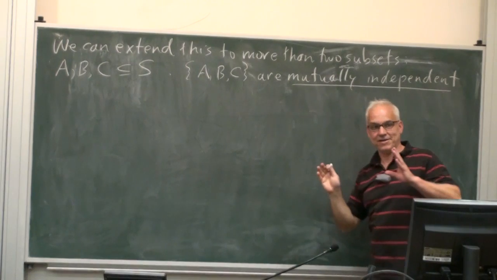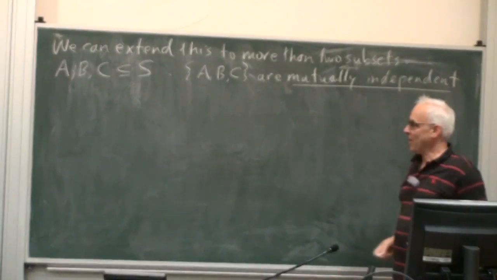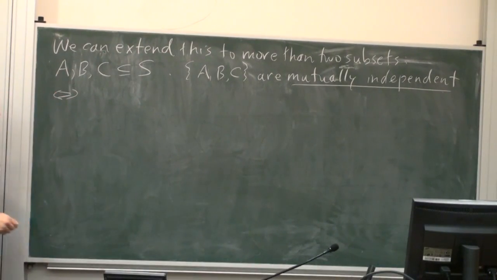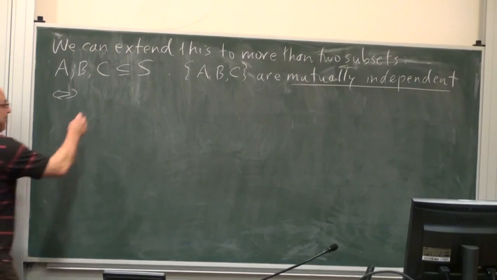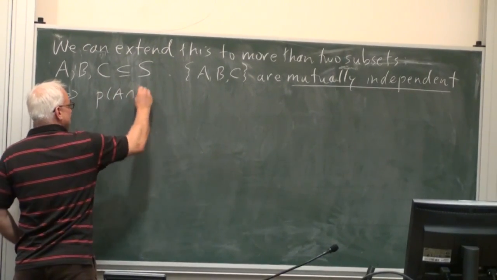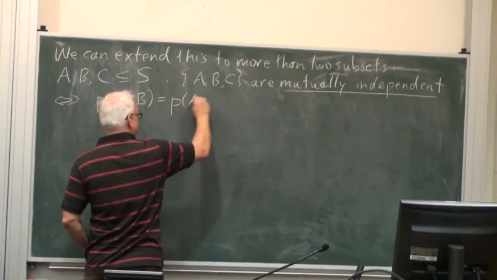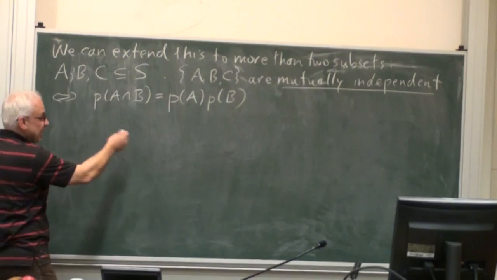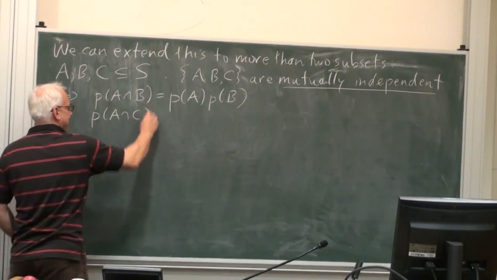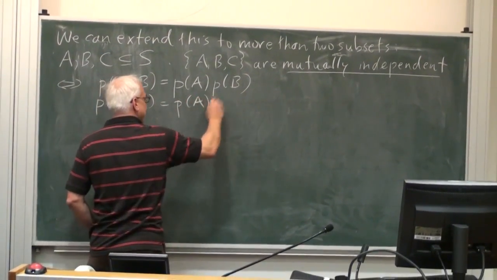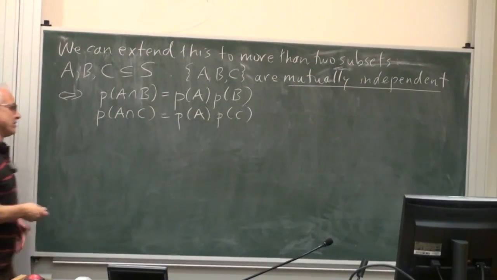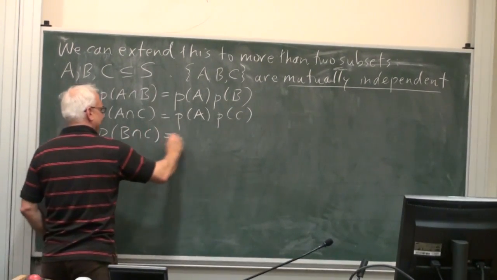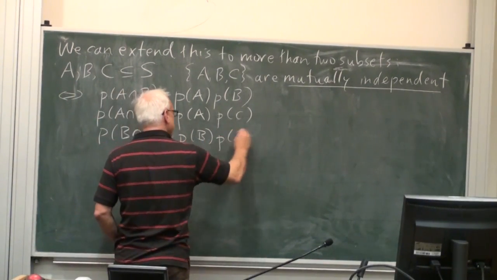So now we have three sets, not just two. Mutually independent means that, well, first of all, A and B are independent, so the probability of A intersect B equals the probability of A times the probability of B. And also A and C should be independent, which is this relation. And also B and C should be independent, which is this relation.